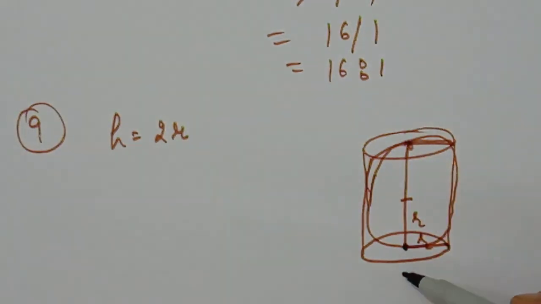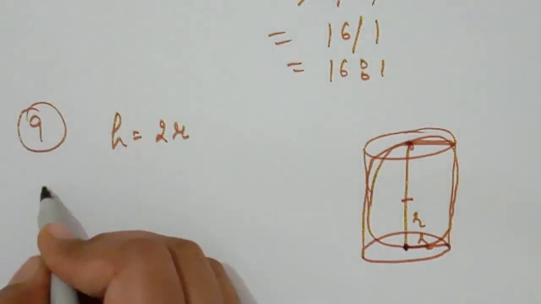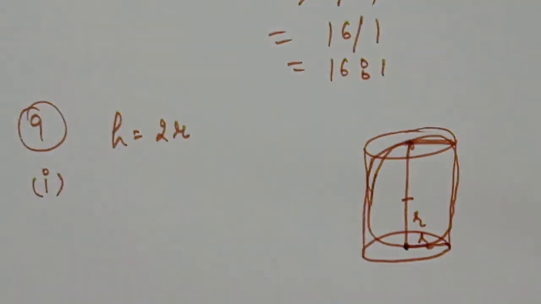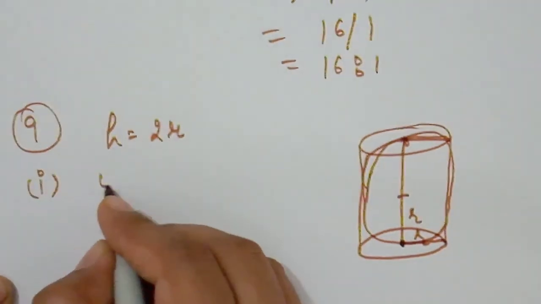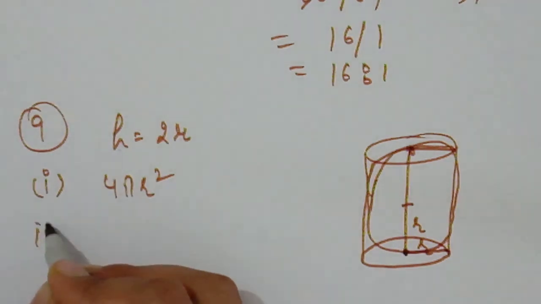So the height of the cylinder and the diameter of the sphere are equal, which means h is equal to 2r. In the first part, he wants the surface area of the sphere. We know very well that the surface area of the sphere is 4 pi r square, and here we have the radius r as well.